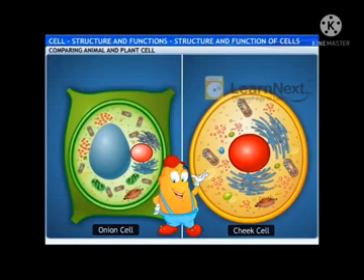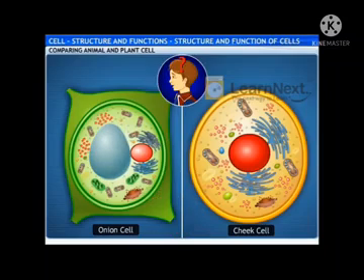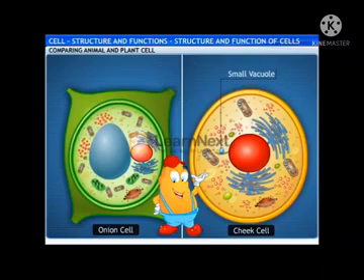Good. Now, is there anything you saw in the onion cells that is absent in the cheek cells? Where is the big empty vacuole that I saw in the plant cell? Vacuoles are either absent in animal cell or present as small structures.